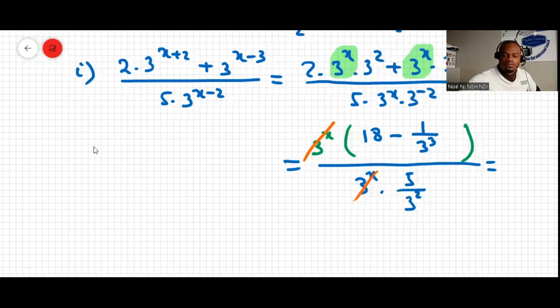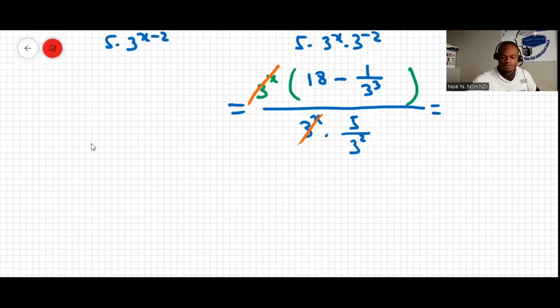And then that makes 18 minus 1 over 27, all over 5 over 9. Okay, we can use a calculator for that.